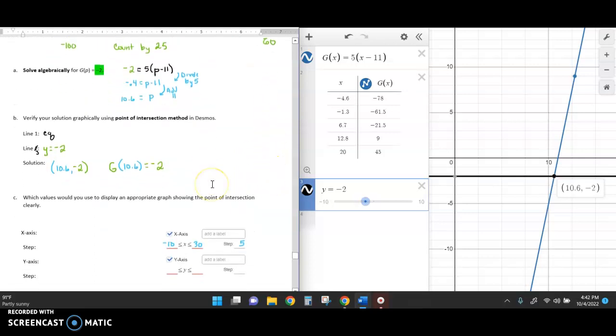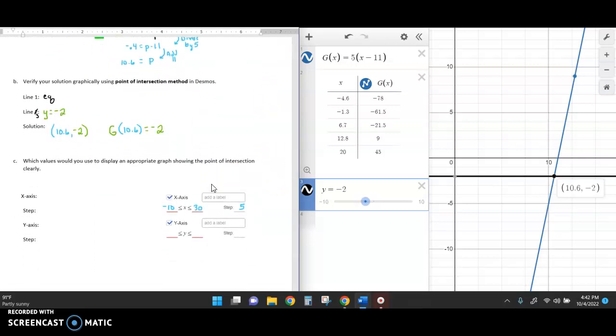So again, in our little key down here, we'd go from negative 100 to 60, and we're going to count by 25. So we want to see that rather than necessarily always playing around with our graph, although we can. But this is just practice to think about how would I hand draw this and how would I scale that hand drawing, so that I can find this intersection.